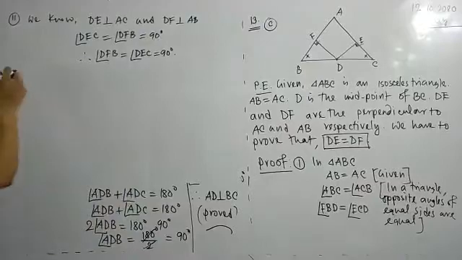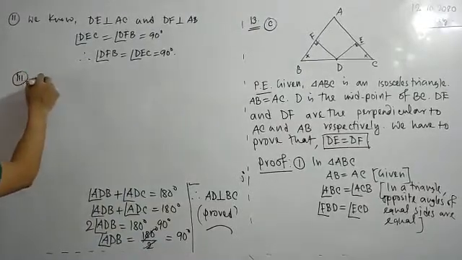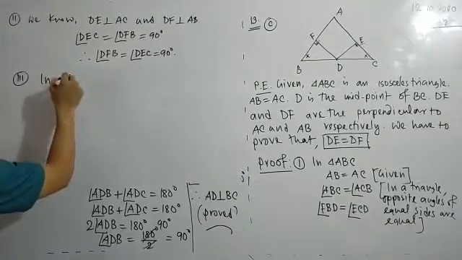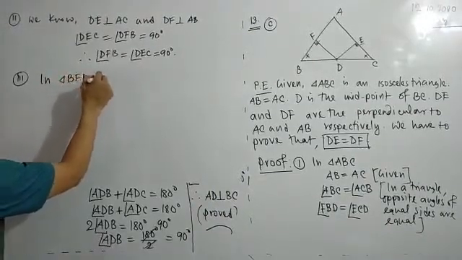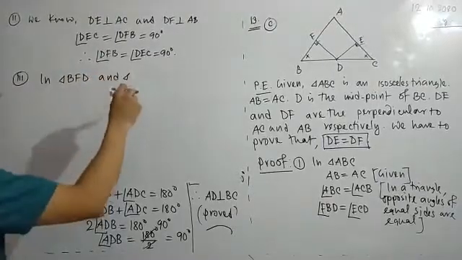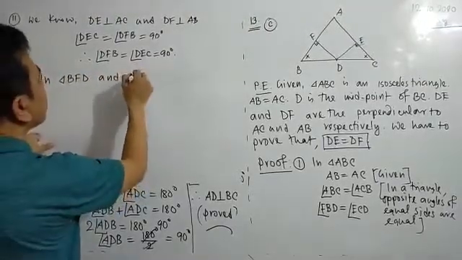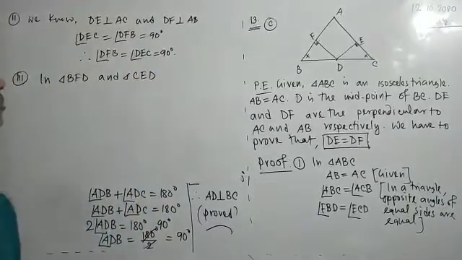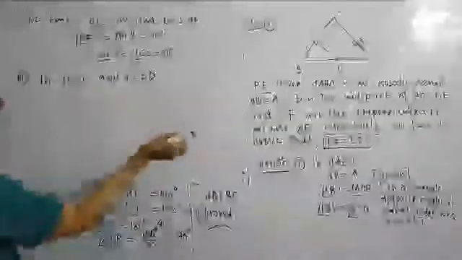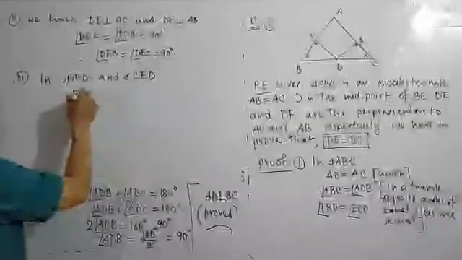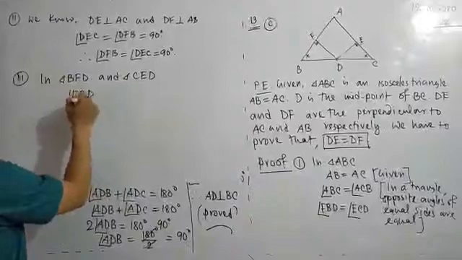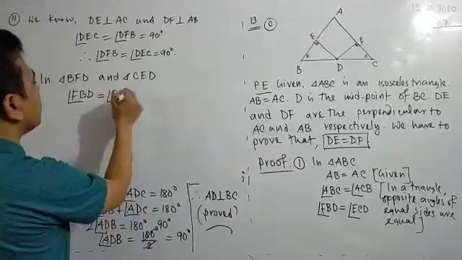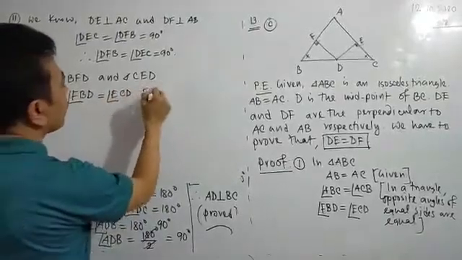Okay, in step 3, in triangles BFD and CED, both, we can write angle FBD is equal to angle ECD. Angle ECD from where? From 1.